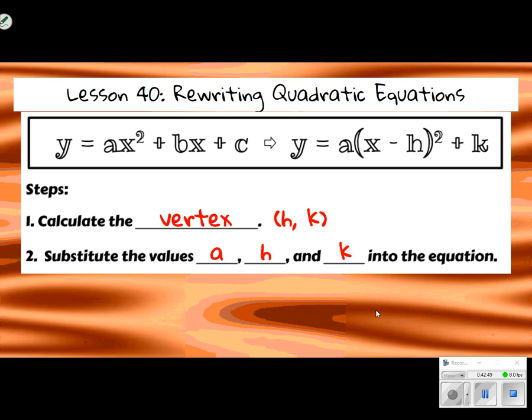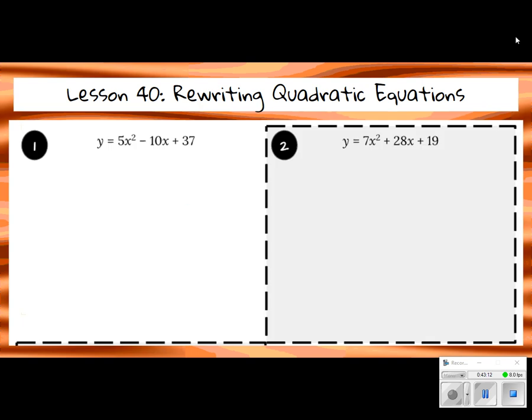I love stealing stuff from math and plugging it in somewhere else. You get to steal the A piece and plug it in. So no worries there. The other piece that you have to work for is the H and the K. All right, so you need to work on finding that vertex, which is good work. Some of us are still struggling with that. So let's make sure we can figure out what the vertex is.